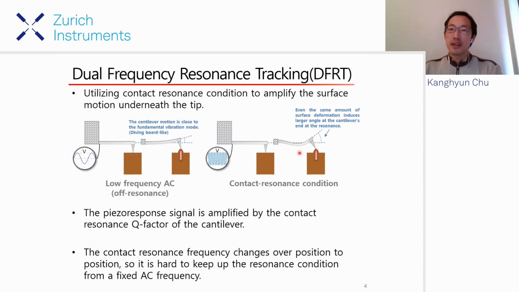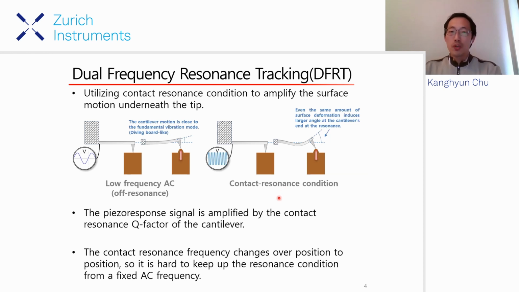That's why we can get a better signal to noise ratio in this DFRT resonance PFM technique. But the problem is the resonance frequency is not the same from position to position. It can change due to the material property, the scanning condition, or the status of the tip sample interface. So we have to overcome the changing of the resonance frequency to get a nice image.